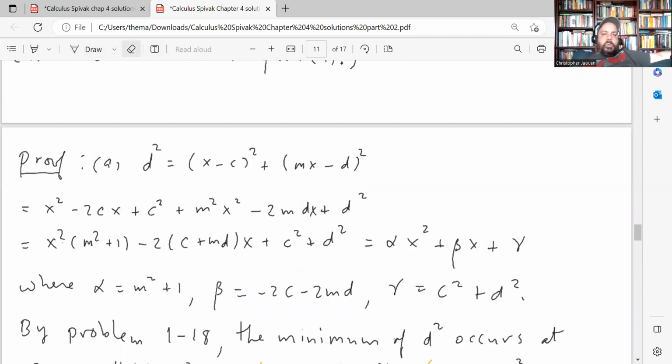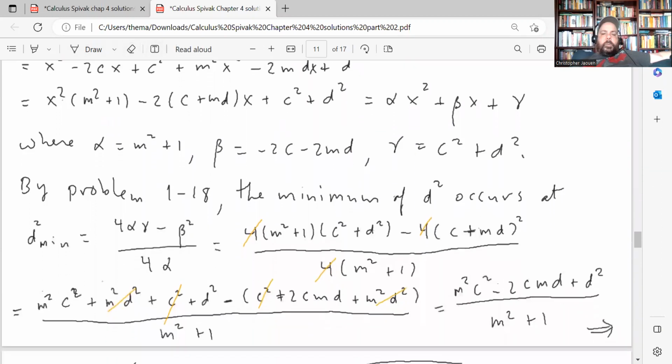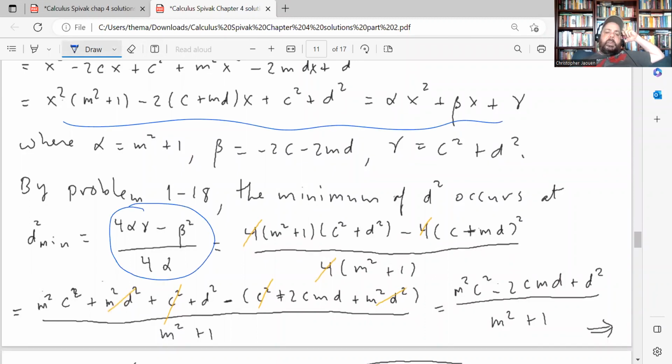Using problem 118, the minimum value of this quadratic function is given by the y coordinate of the vertex, which is given by this formula here, 4 alpha gamma minus beta squared over 4 alpha. If I plug the values for those coefficients into the formula, I get this expression, and I can cancel some things once I multiply everything out and simplify.